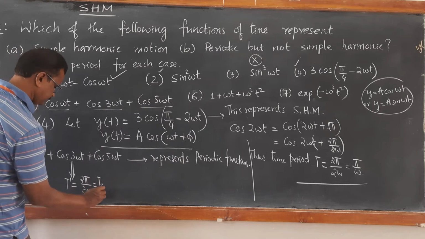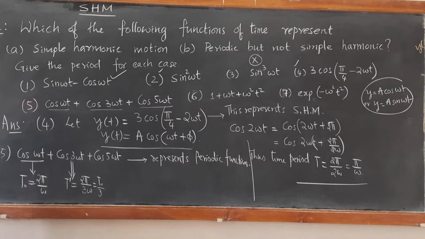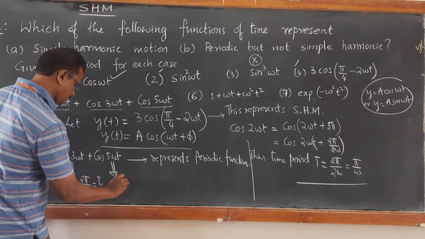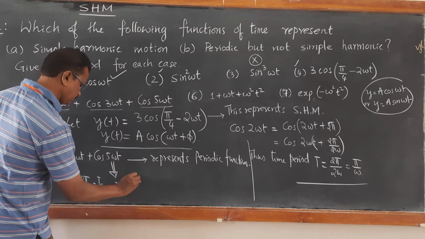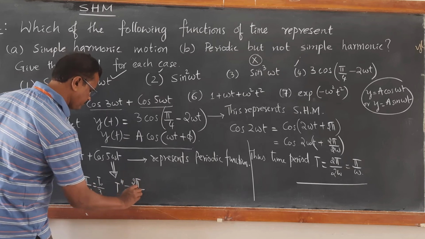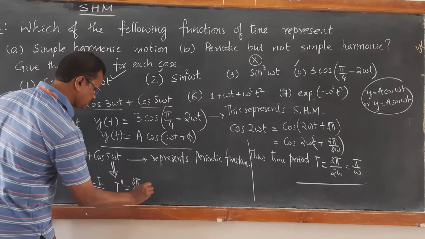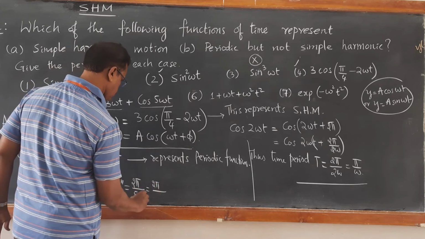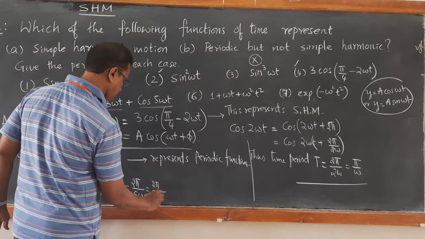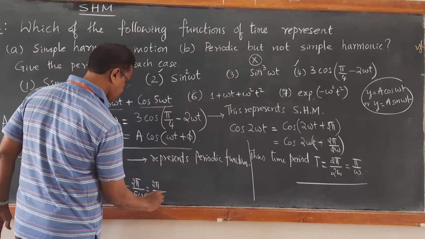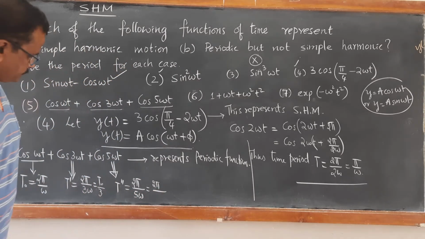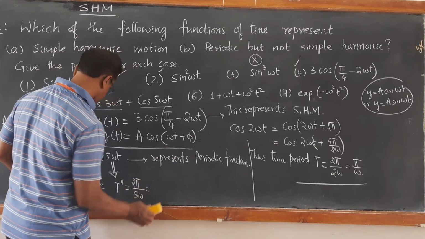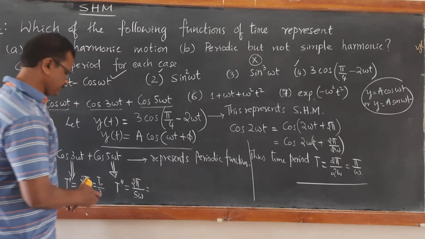And cos 5 omega t has time period t double dash equal to 2 pi by 5 omega, that is t naught by 5.